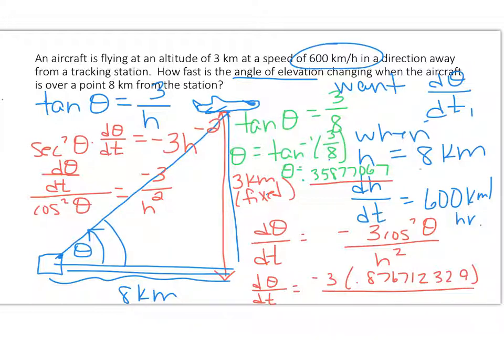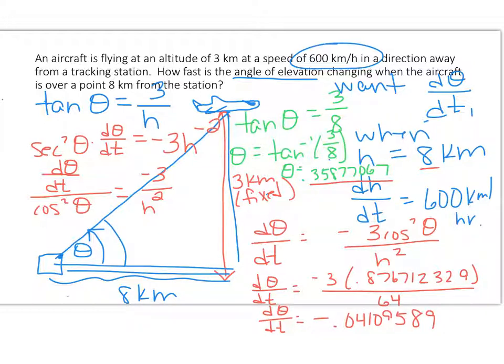Our h value is 8, so 8 squared gives me 64. So I'm going to multiply my numerator by that 3, and then I'm dividing by 64, and I get that d theta dt is equal to negative 0.04109589. Those are all the digits on my calculator. And then I'm going to round this time. It didn't tell me, but I'm going to round to 2 decimals.